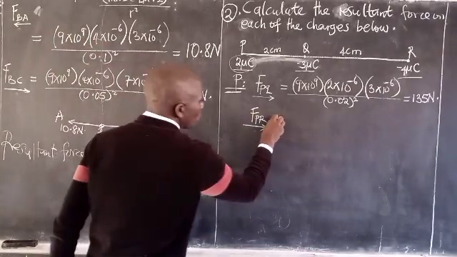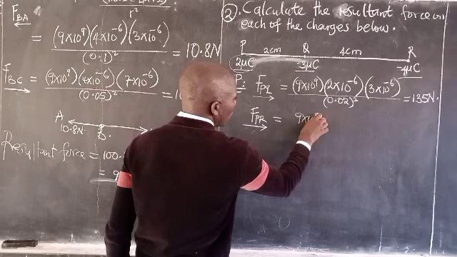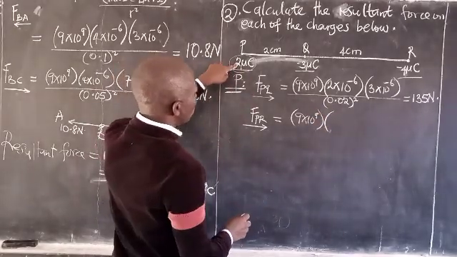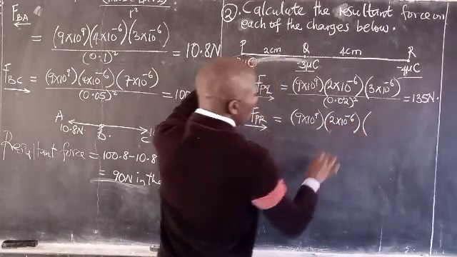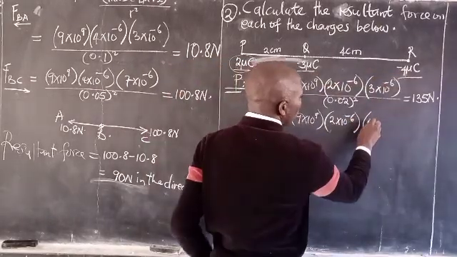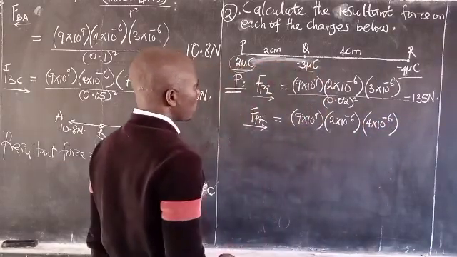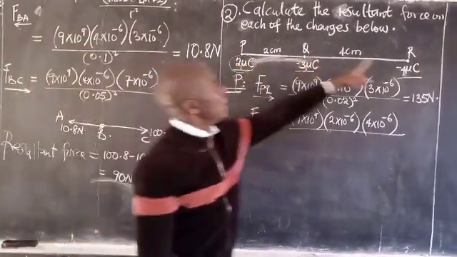So, what about the magnitude? You don't have to forget the constant first. Then, of course, this is 2 exponent negative 6. Then this one is 4 exponent negative 6. Then the separation. What is the separation between P and R?